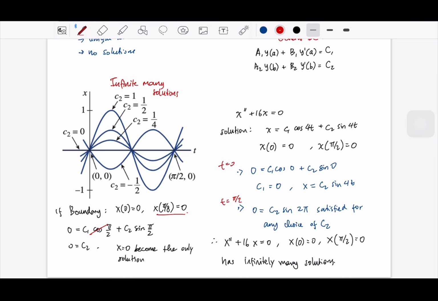We only have initial conditions. But in higher order, we can have more than one of those conditions, so we call them boundary value problems. So we can have infinitely many solutions, or we may have only one solution, or we don't have any solution at all.